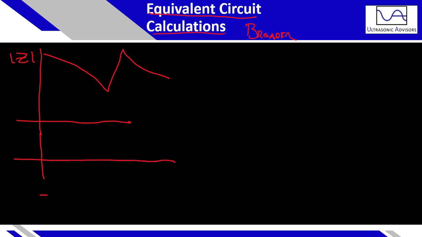So here we'll have negative 90 and positive 90. We'll also have phase, which around the resonant frequency will have this curve.